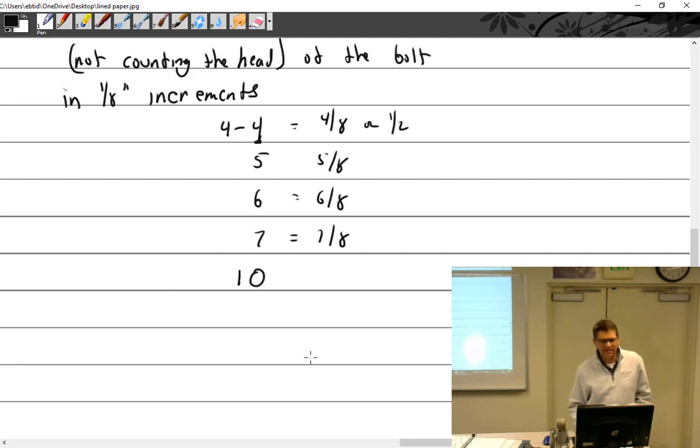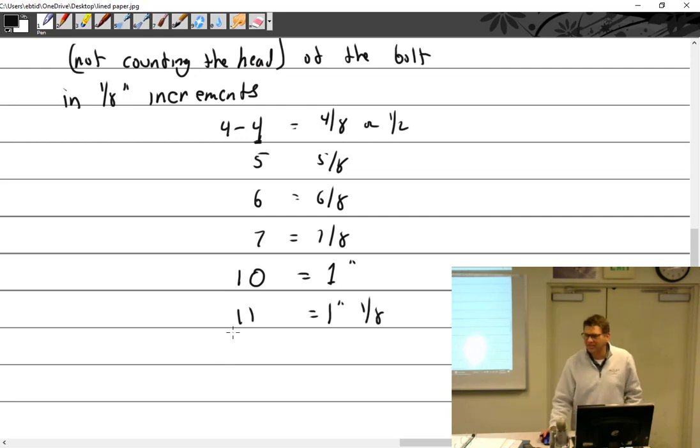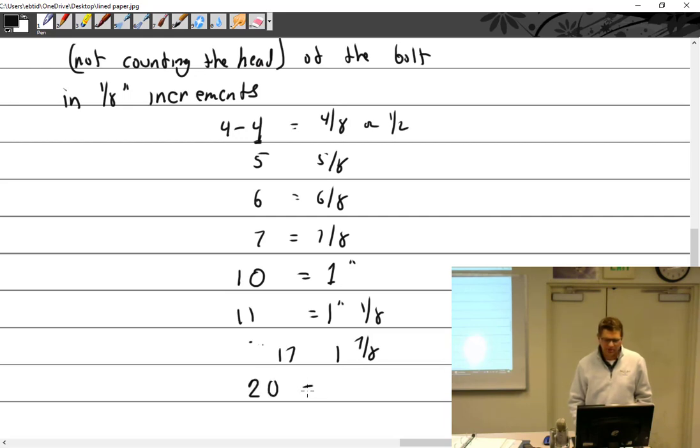Okay, 10 is the next, so that equals 1 inch. And then what comes after 10? 11, which is 1 inch, 1/8. So you go 11, 12, 13, 14, 15, 16, 17, 20. 17 is 1 and 7/8. What's the next number? 20, which equals 2 inches.